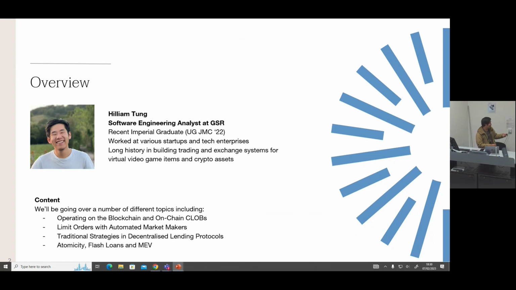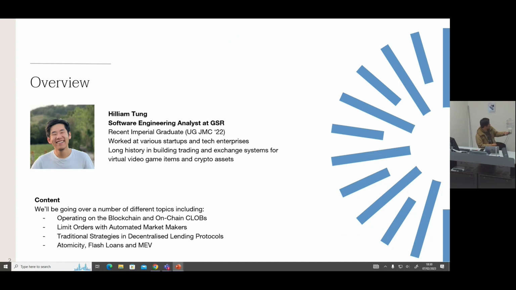We'll also be looking into traditional quantitative strategies to do with decentralized lending protocols, which are an on-chain variant of money markets in which you can potentially get loans from different people to then trade and essentially leverage up your position.